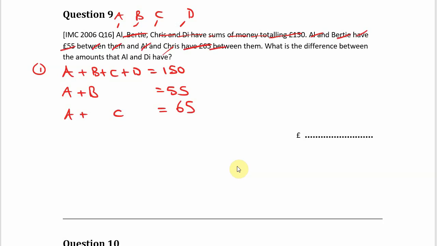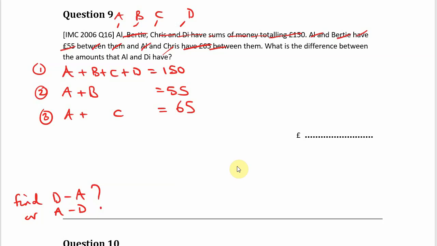What is the difference between Al and Dave? So we want to find either Dave subtract Al or Al subtract Dave. It depends on who has the larger amount of money. If we do it the wrong way around, we'll just get the negative version of it. But I'll talk through that at the end. Well, I can make up some new equations with this.